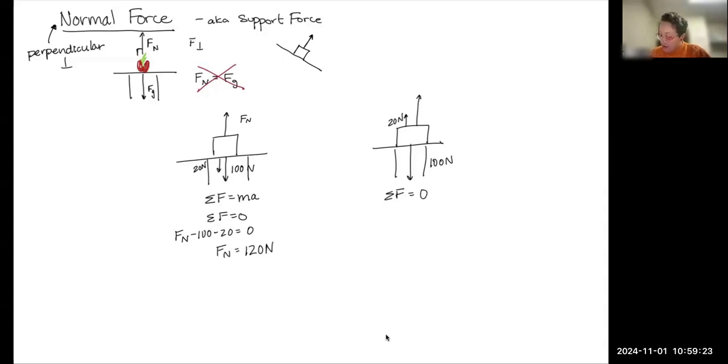And so we have normal force plus 20 minus 100 equals 0. And you end up with a normal force of 80 newtons. So there is never going to be on your equation sheet an equation for what the normal force is equal to. You're always going to need to use Newton's second law to figure out exactly how much force it has left to cancel out.